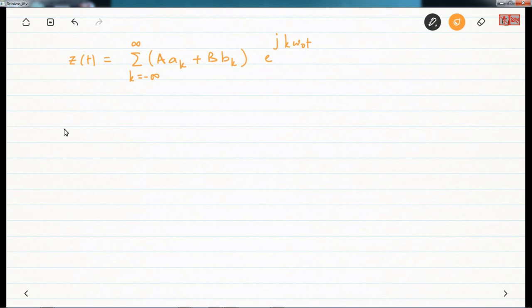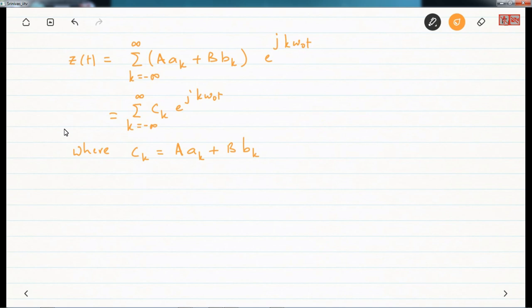I can write this simply as summation ck e power j k omega naught t, where k equal to minus infinity to plus infinity, where ck is equal to a ak plus b bk.